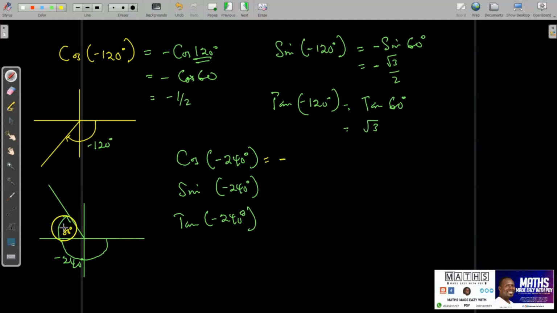It's 240 minus 180 because that angle must be subtended on the x-axis. Yes, it's 60 degrees. So correct it. So cos of negative 240 degrees is the same as negative cos of 60 degrees, and that will give you negative half.